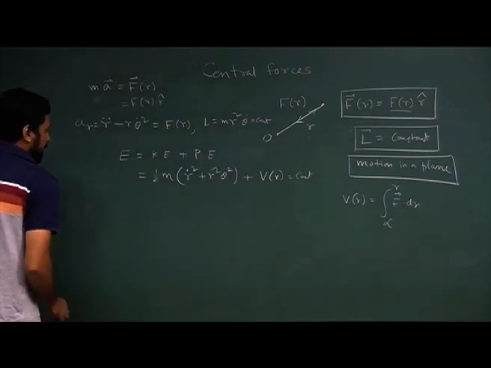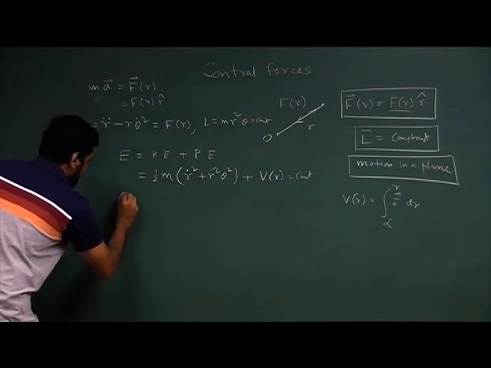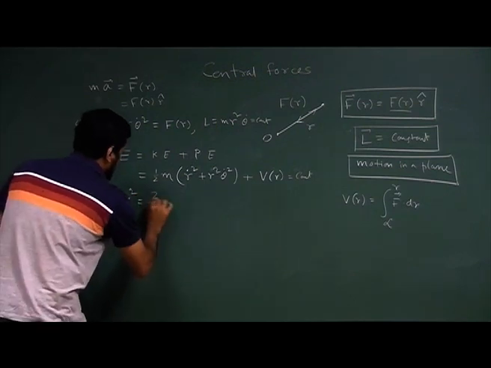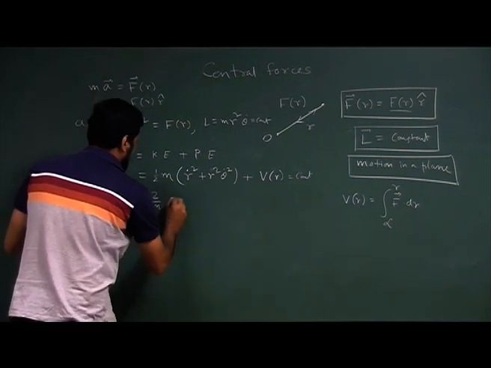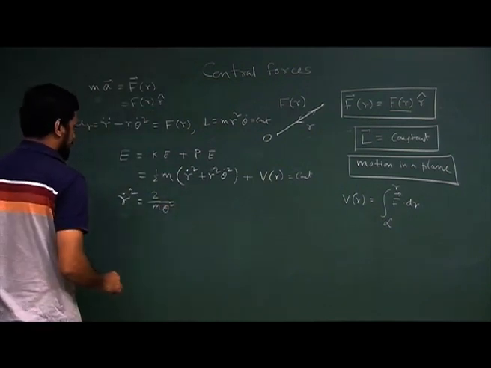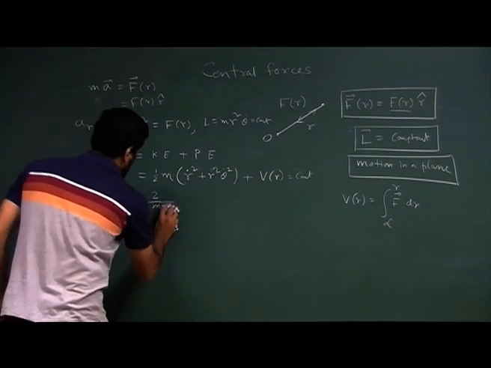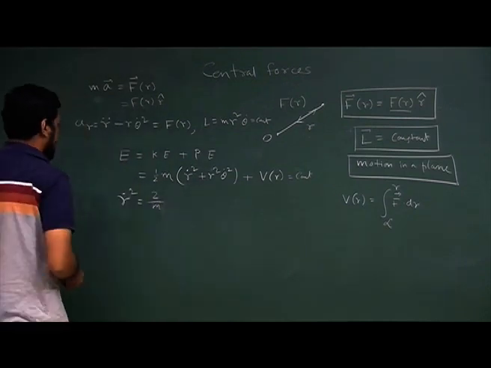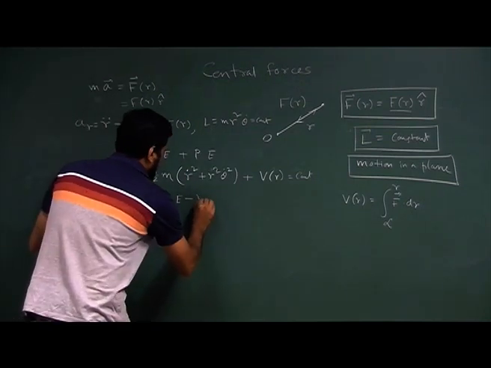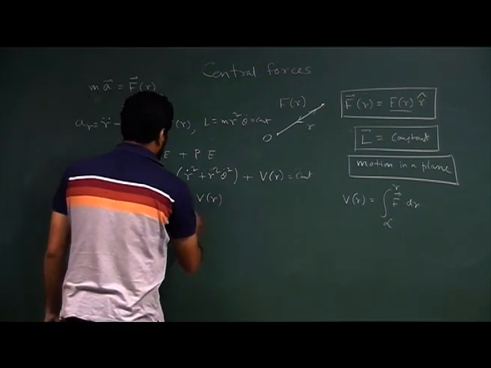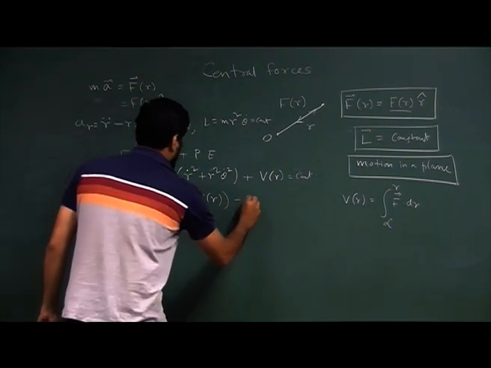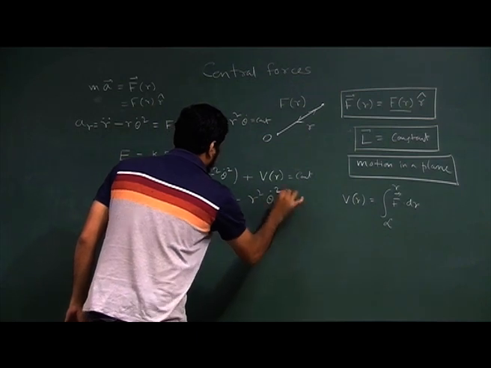If we rearrange this bit, we can immediately see that r dot square is equal to 2 by m times E minus V of r, minus r square theta dot square.